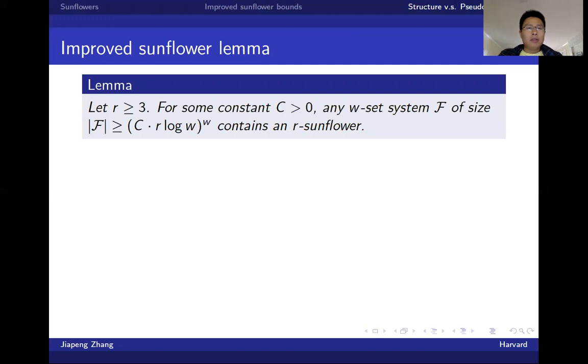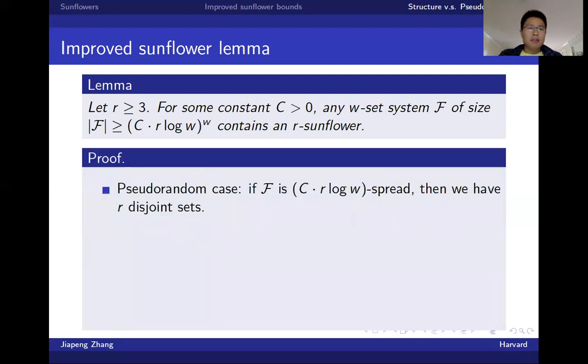From the lemma in the previous slides, we can prove the improved sunflower lemma: for any r, any w-set system of size at least (C times r times log w)^w contains an r-sunflower. How could we prove this? The first is the pseudorandom case. If F is (C times r times log w)-spread, then we have r disjoint sets, which means we're done.